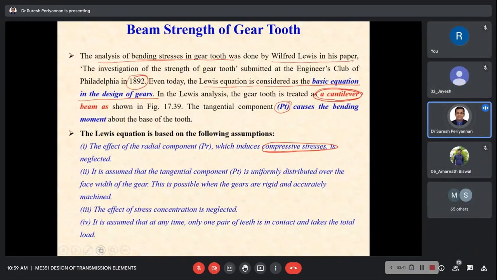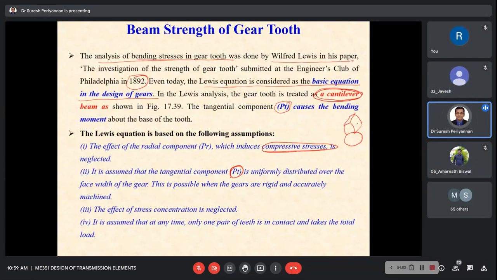He also assumed that PT, the tangential component, is uniformly distributed over the face width of the gear. Obviously, what is the face width of the gear? The face width of the gear is where the two mating gears engage and disengage.